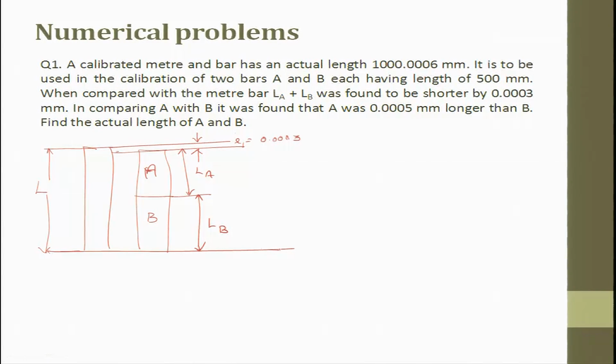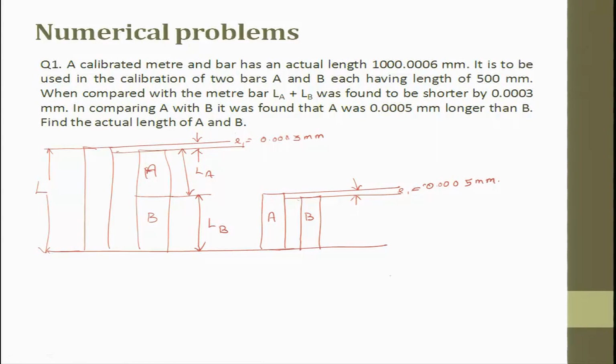Then we also give you one more piece of data. A and B also have an error, which is the difference in height, E2, of 0.0005 millimeter. This is all in millimeter.